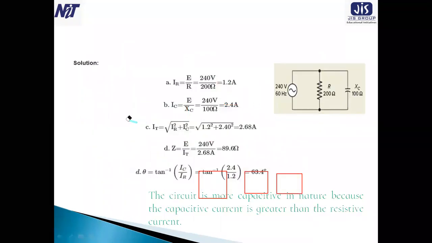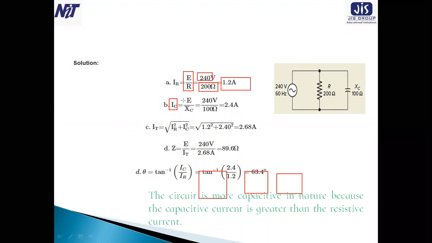This solution method is very easy and very simple. So IR equals E divided by R. The voltage across the resistor, putting the values, 240 by 200 ohm, is 1.2.